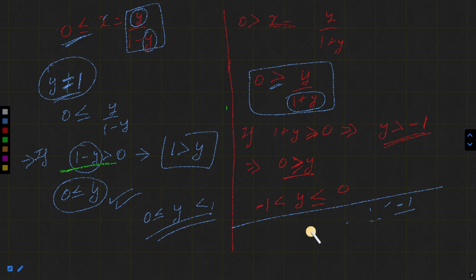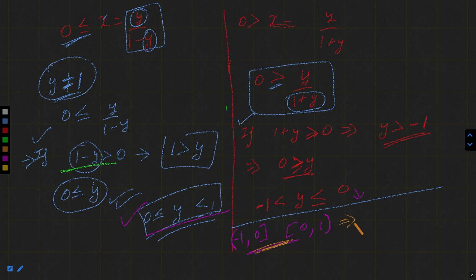So in total we arrived at two cases. One is this, another is this, and from these cases I conclude that y belongs to the half open interval 0 to 1, closed at 0, open at 1, and from the other I conclude that it belongs to minus 1 to 0, closed at 0, open at minus 1. Now I will take both of my answers as my set of y values.